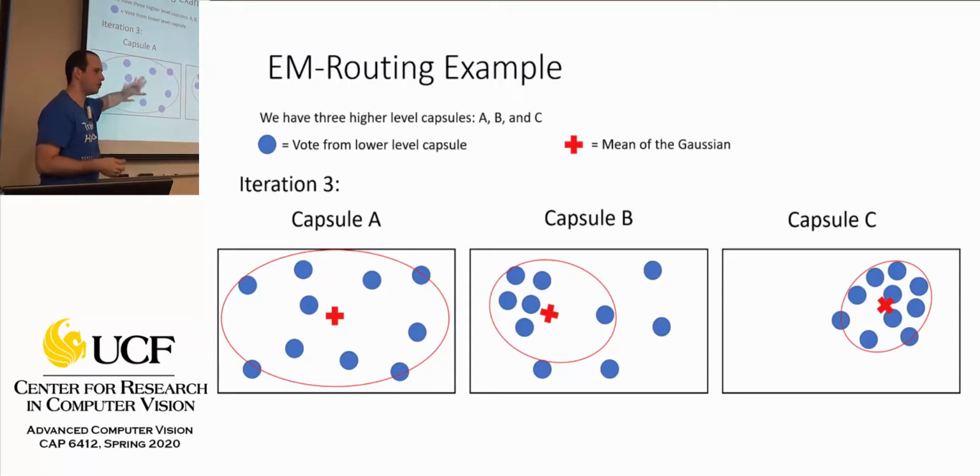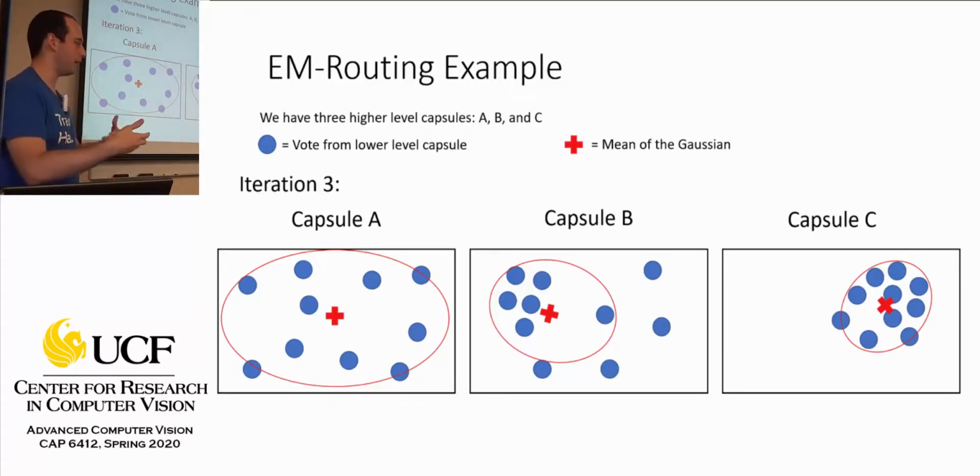Let's say each one of these is a different feature of your face. Ideally, if they were to predict what your face looked like, they would all line up to be exactly what your face looked like. So for capsule C, ideally they would all have the same prediction for that object, even though they model different parts within the whole. So it's like moving from low-level features to high-level features.